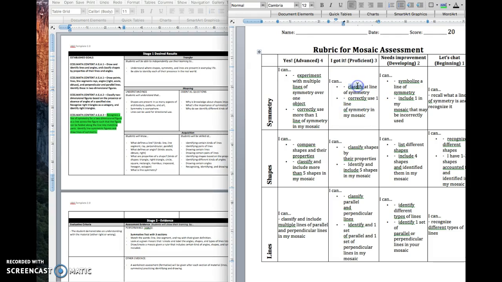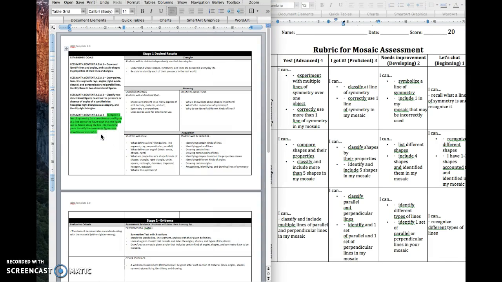Now, when you use the verb classify, you're saying you're going to put it into a certain category, but I don't think that really fits here. So using the language of the standard, if we go back, it says recognize a line of symmetry for a two-dimensional figure. I would almost use that exactly: "I can recognize a line of symmetry for a two-dimensional figure."